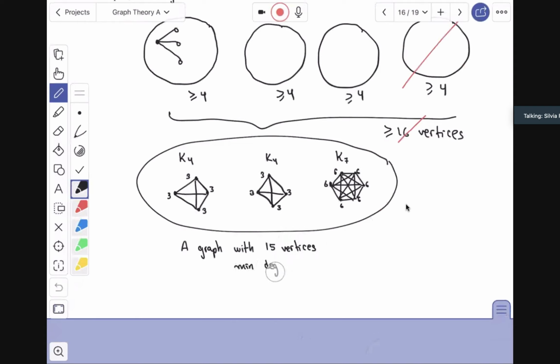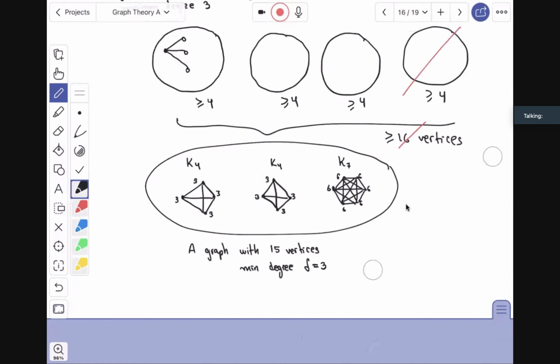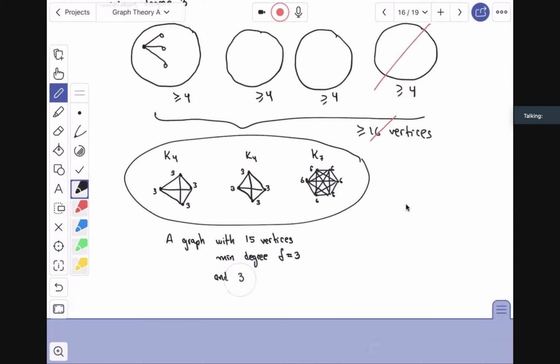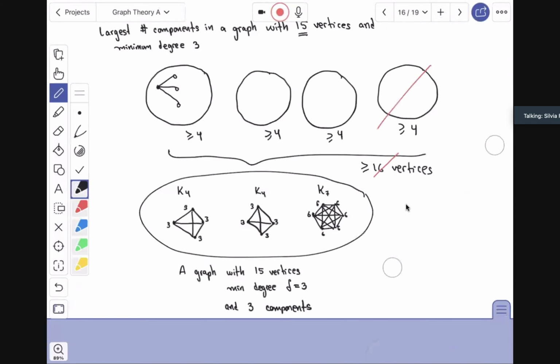Minimum degree delta. Remember that we use lowercase delta for that. Minimum degree 3, because that's the smallest of all those numbers, 3 and 6. And 3 connected components. So we can actually find a graph with 3 components. Okay?